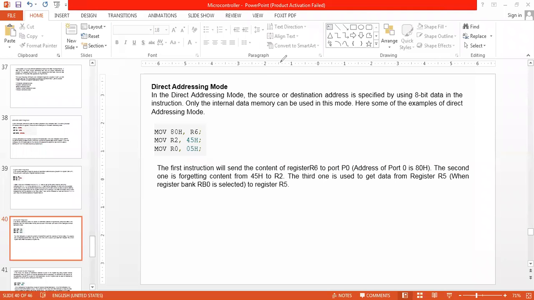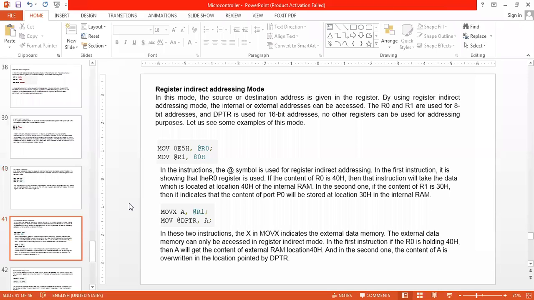So now we will see the next one, register indirect addressing mode. Now what is this indirect addressing mode? We have seen the direct addressing mode and the register addressing mode, but what is this register indirect addressing mode?